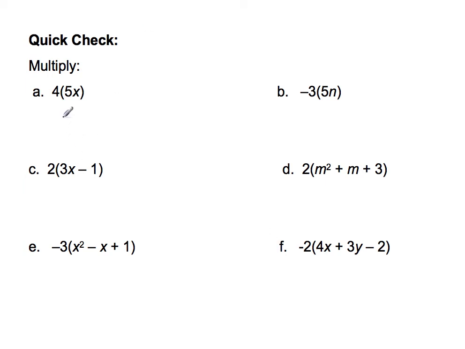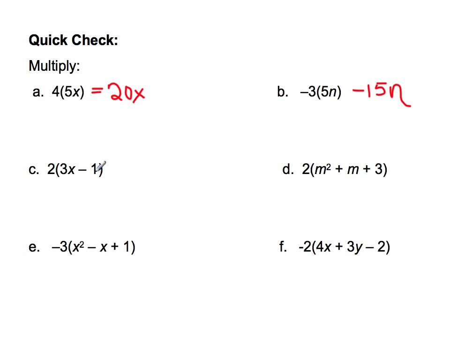So welcome back. Here are the answers for your quick check. 4 times 5: I have 4 groups of 5 x's, so I have 20 x's. I have 3 groups of +5n that need to be flipped because of the negative, so I got -15n.